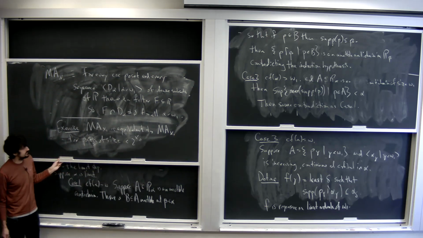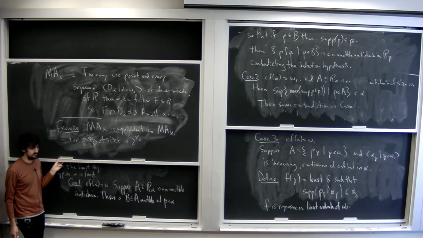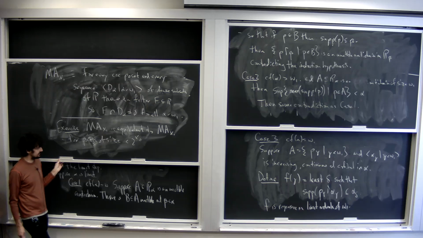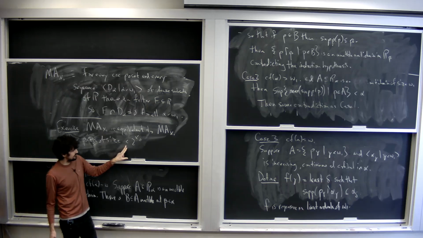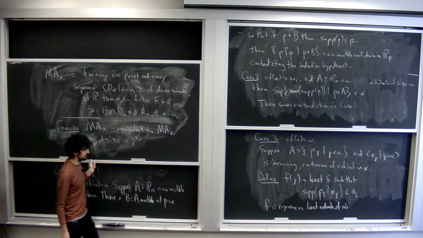So what do you need to do? You essentially need to take an elementary substructure. You have your poset and you have your list of dense sets. And if you take an elementary substructure of size less than continuum, and you meet it using the restricted principle, then the elementarity tells you that that filter is good enough for the larger poset.